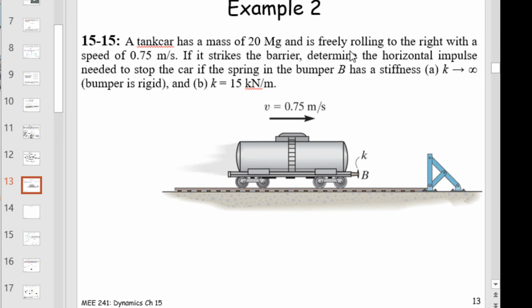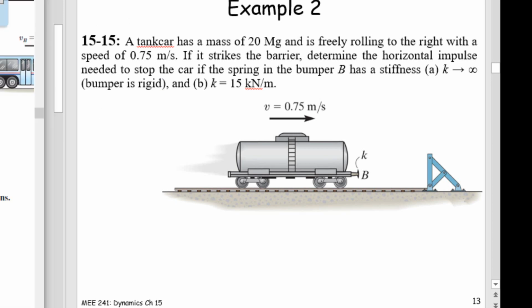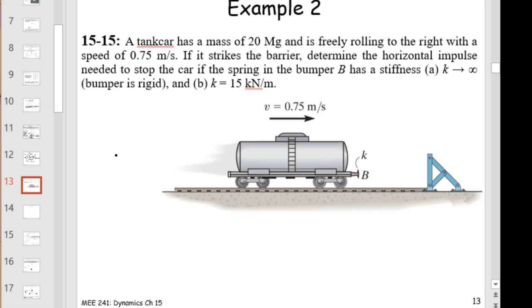You're gonna see, guys, that this k doesn't affect the answer of this horizontal impulse needed to stop the car, because in fact I know that mv1 plus the sum of all the forces dt, this is the linear impulse, is equal to mv2.